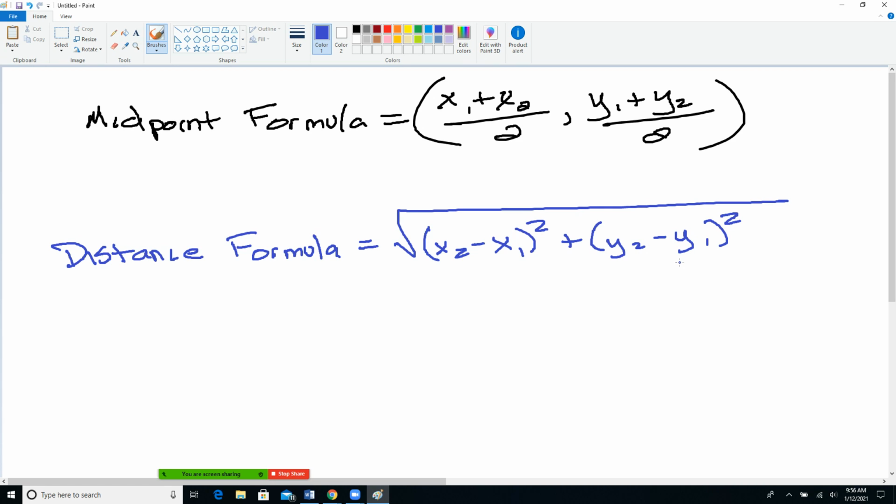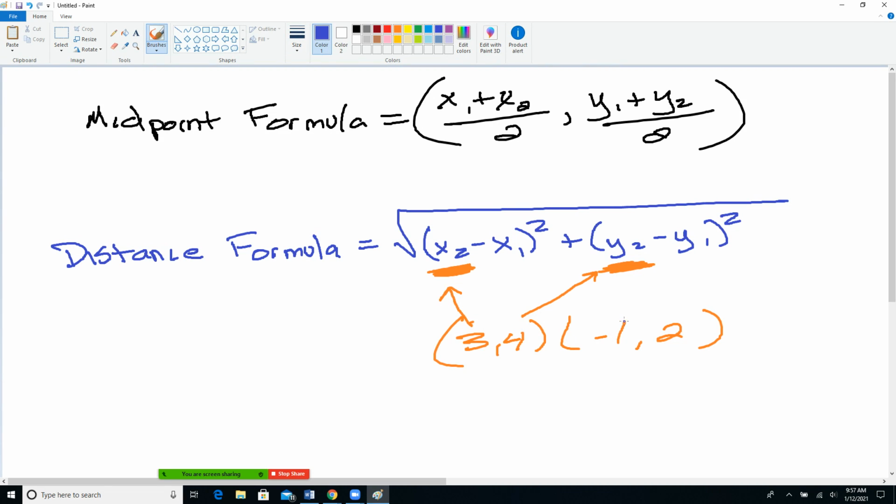Now it doesn't matter. Does it matter which one I call x2? It only matters in that whatever one you start out this one with, you have to do this one also. So if I have 3, 4, and negative 1, 2, if I put this one here, then I have to put the 4 first here.